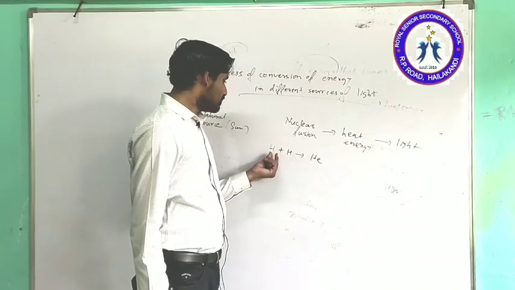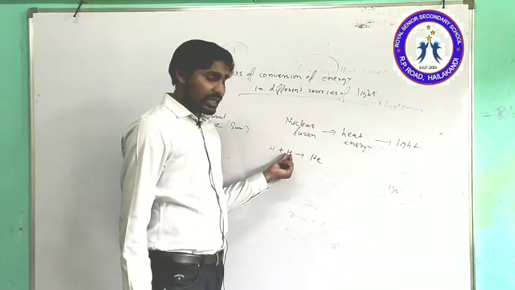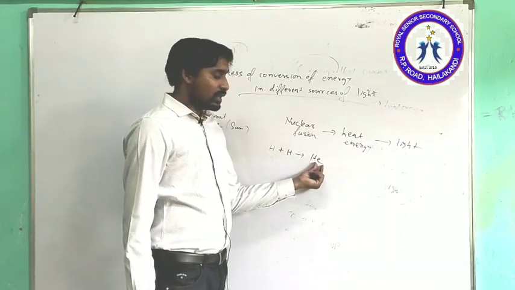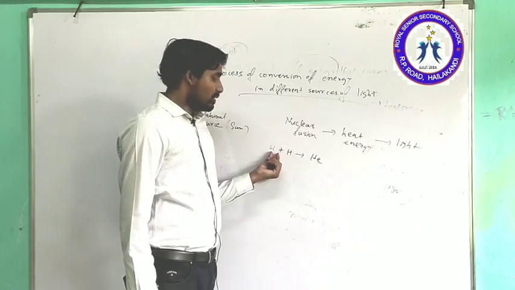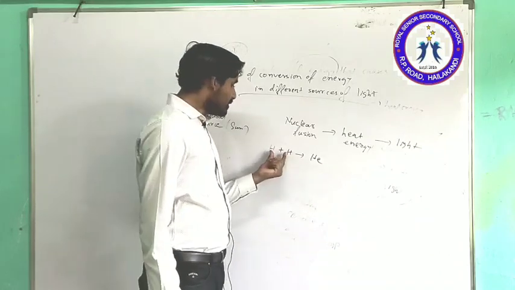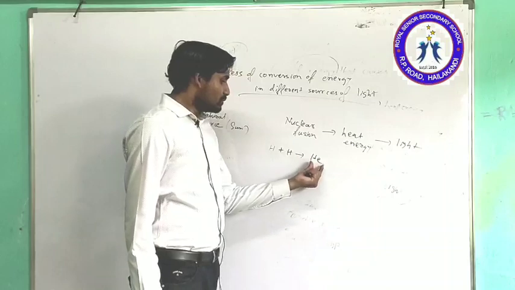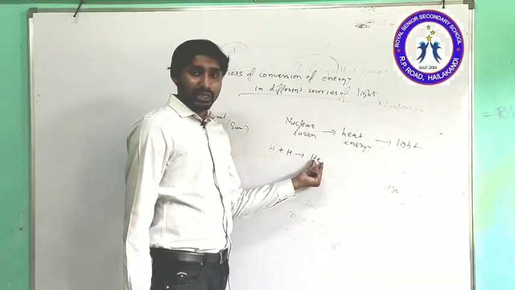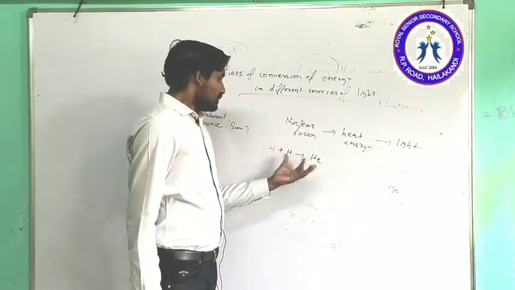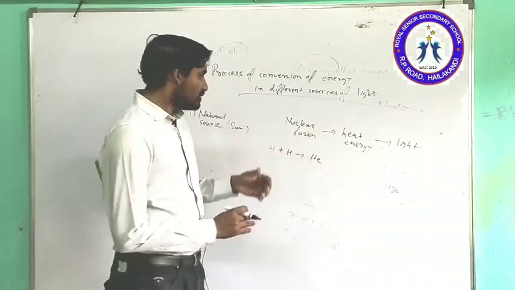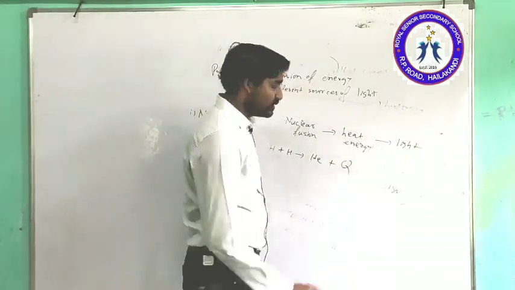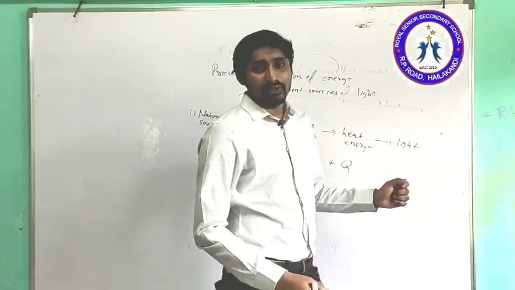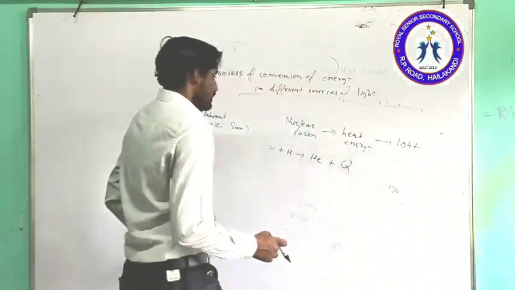Because we know the atomic mass of hydrogen is less than the atomic mass of helium. So helium is the heavier nucleus. Two lighter nuclei like hydrogen combine to make a helium nucleus. That's why this is called a fusion reaction, and during this reaction a huge amount of energy in the form of heat is released, and a part of that heat is again converted into light.